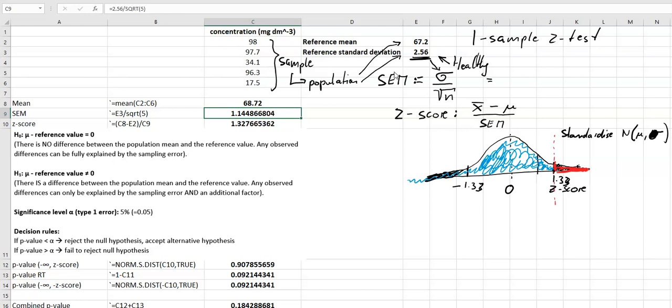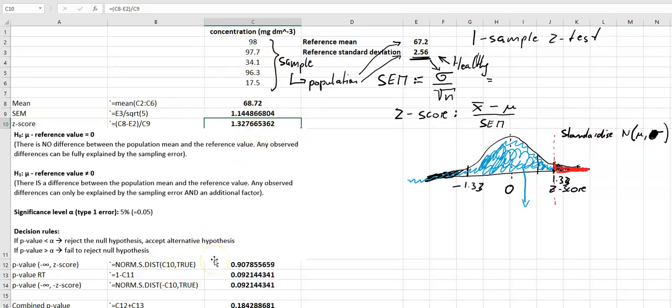So here we get the p-value, and we can do that with the function NORM.S.DIST. Norm stands for normal distribution, S stands for standardized, and Dist is the distribution, and we put in the z-score that we have calculated here, in cell C10.